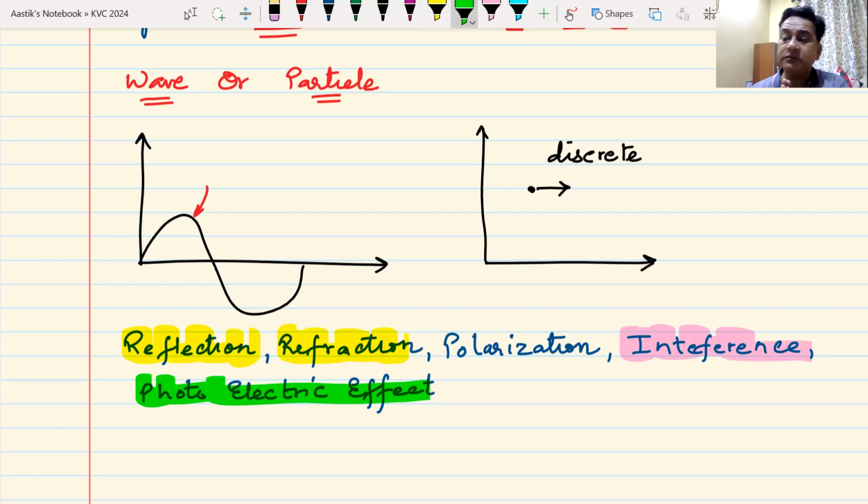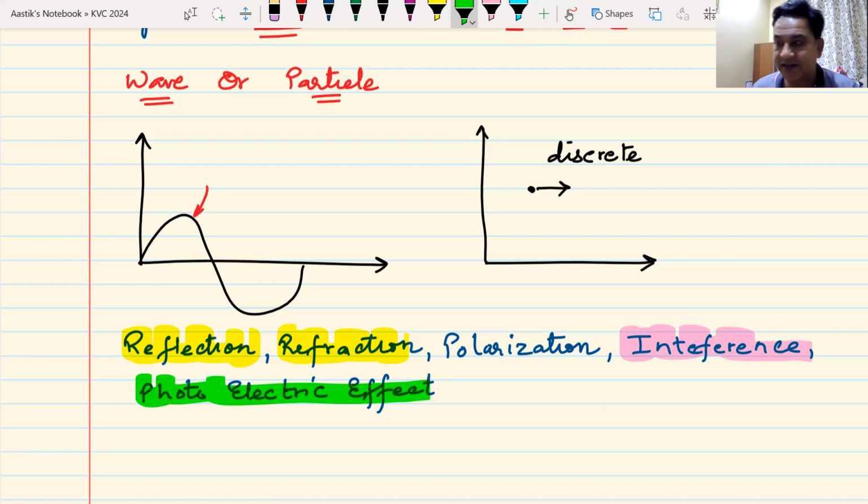That is why we say sometimes light behaves as a wave, sometimes as a particle. What we actually mean is that certain phenomena can only be understood by wave nature, some only by particle nature, and some by both. That is what we are going to start off this chapter with: reflection and refraction of light.